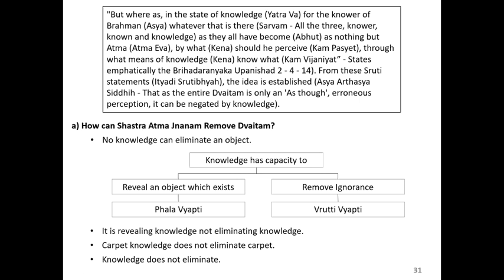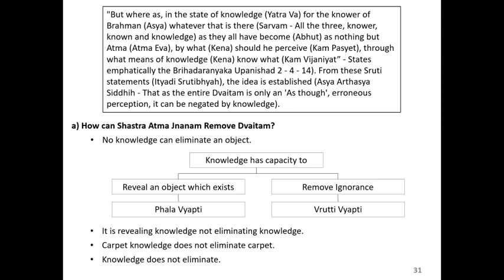And eyes remove the ignorance of the pen. In technical terms, it is called vritti vyapti and phala vyapti. As we go by, I will explain this, but just to let you know how Shankaracharya uses these principles.